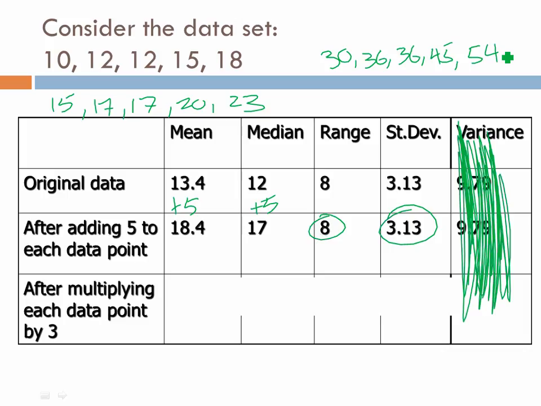We get 40.2 for our mean. Our median pops up to 36. Our range between the max and the min is now 24, and our standard deviation ends up being 9.39.